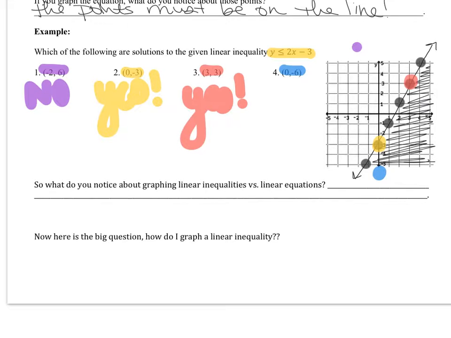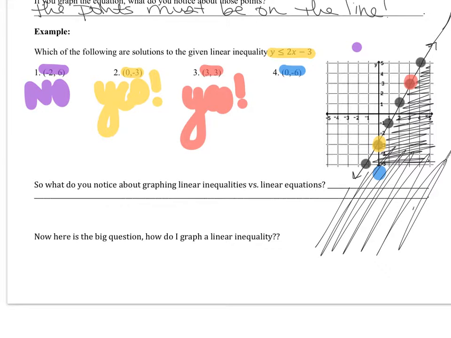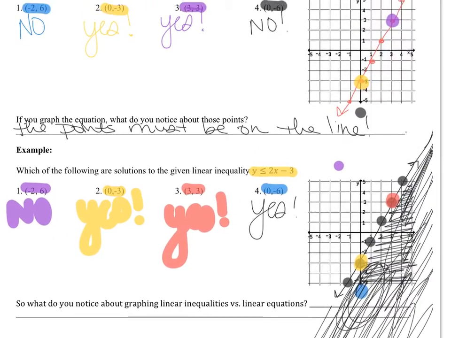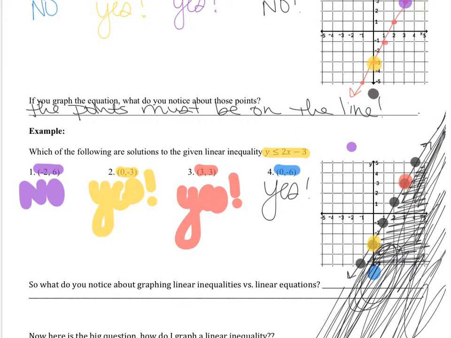Now notice in this picture my shaded area stops, but in reality my line goes on forever, correct? And if my line goes on forever, my shaded area goes on forever. It goes all the way forever on this side of my line. So is this blue dot in my shaded area? Yes.